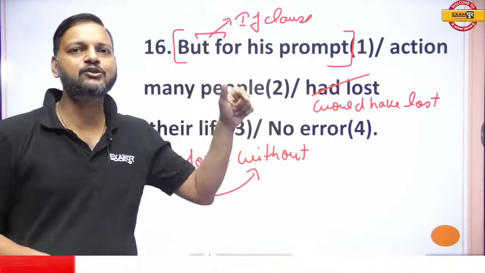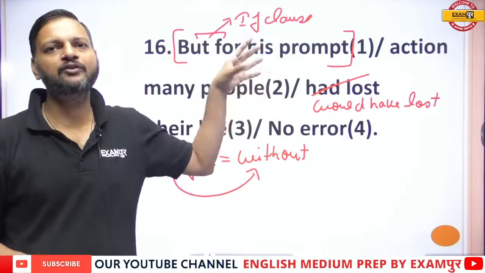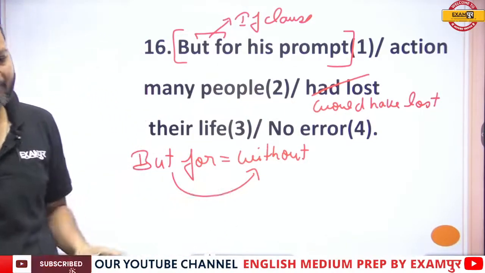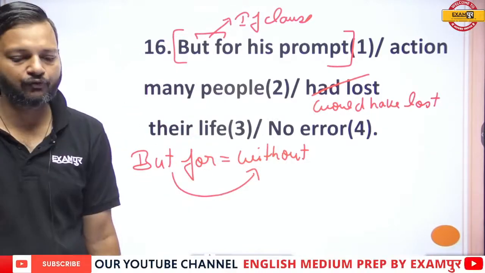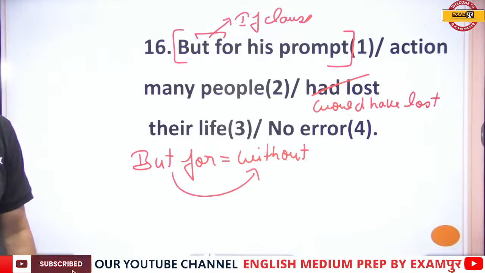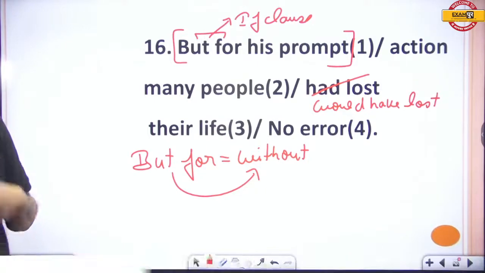So but for is actually an if clause, and if clause is followed by would or would have in the main clause, right? So that's why we have changed had lost into would have lost.